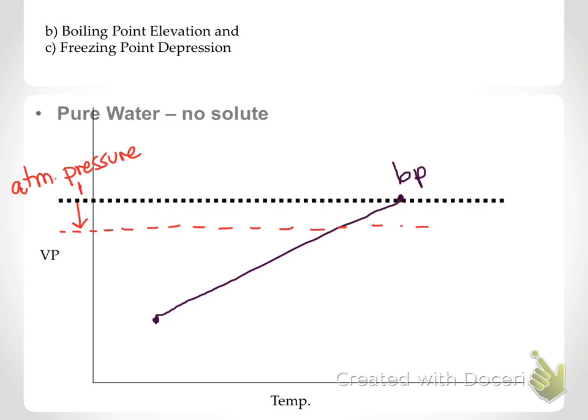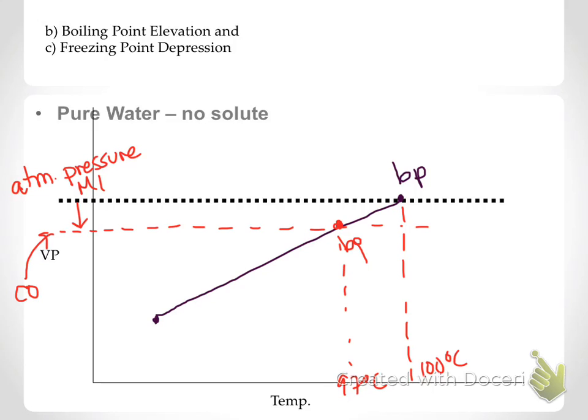So this one is Michigan, and then this one is Colorado. Our intersection between vapor pressure and atmospheric pressure is now much lower than it was before. So originally it was here at 100 degrees Celsius. This might be something like 97 degrees Celsius.